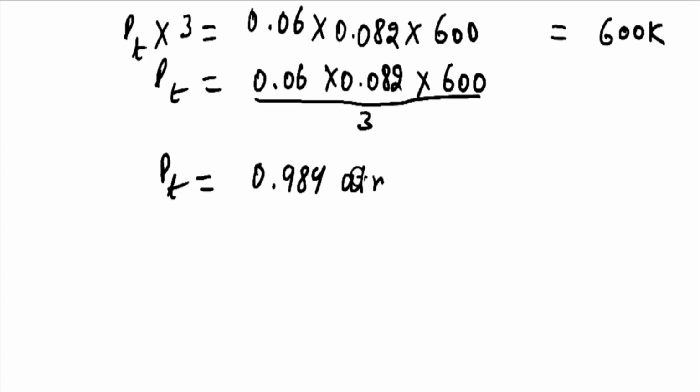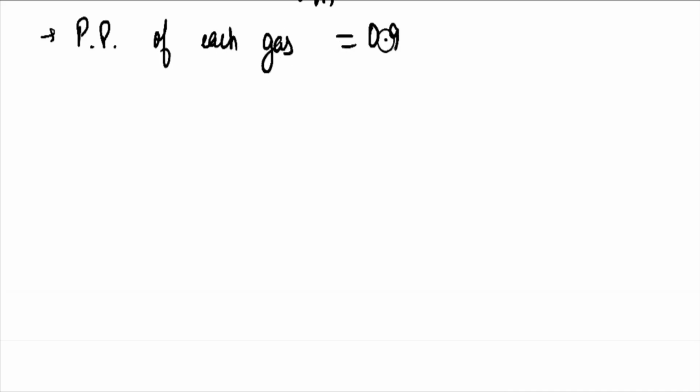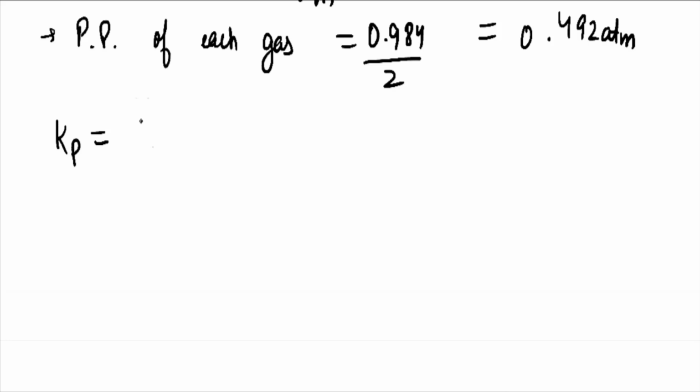Now Pt, on solving this, is equal to 0.984 atmosphere. Since the number of moles of the two gases at equilibrium is the same, their partial pressures are also the same. So the partial pressure of each gas is 0.984 divided by 2, which is equal to 0.492 atmosphere. Now Kp equals partial pressure of ammonia into partial pressure of hydrogen sulfide.